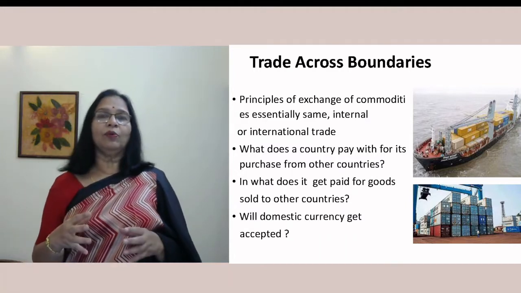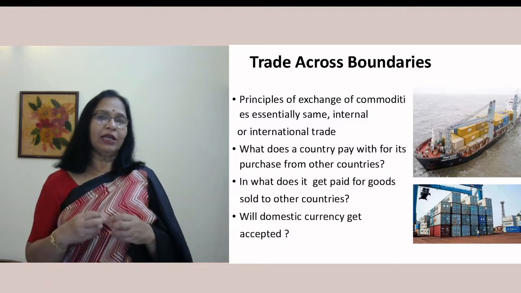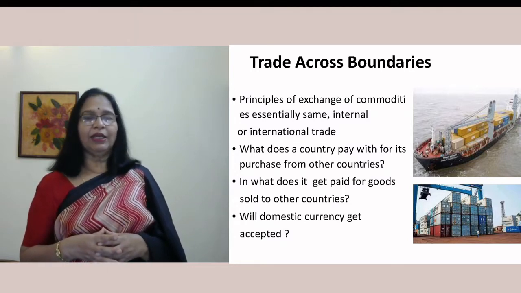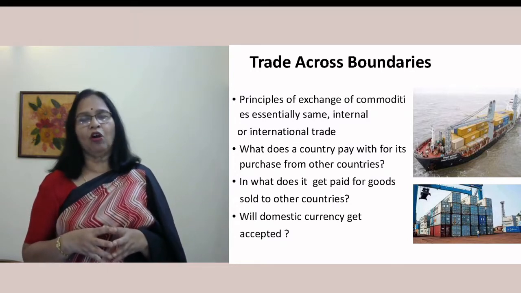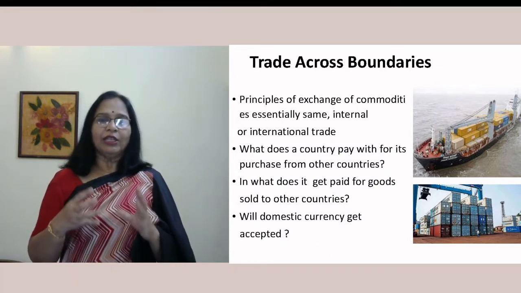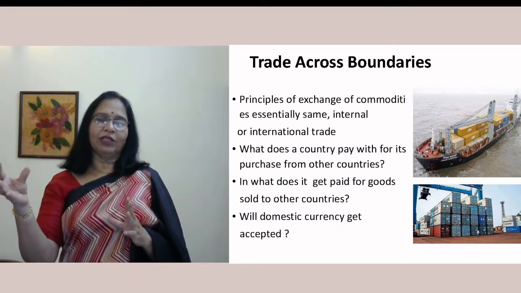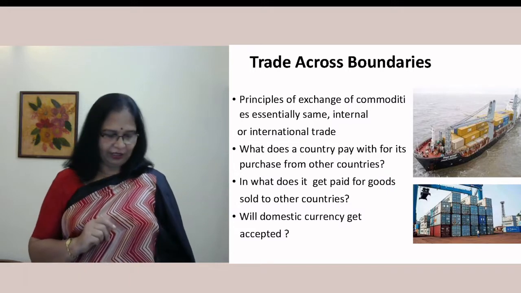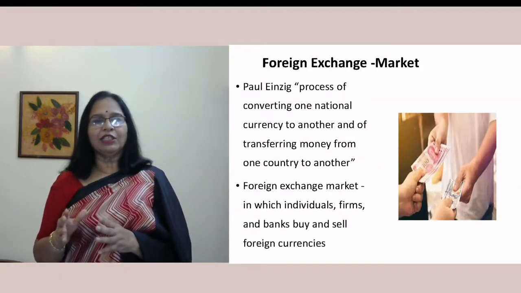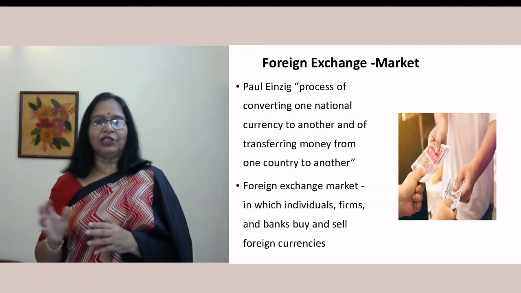So once the domestic currency was not accepted by the other country, comes this issue of foreign currency. Each country would treat the currency of another country as foreign currency. What is this foreign exchange and foreign exchange market?